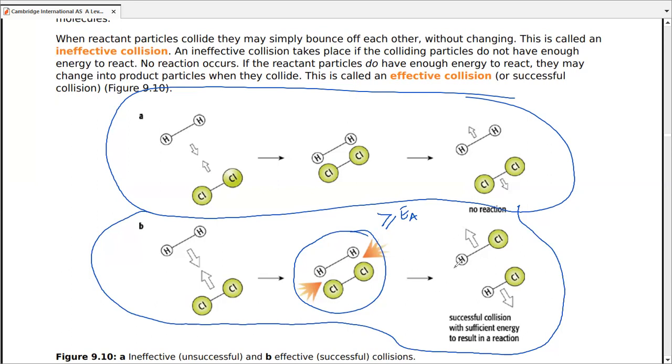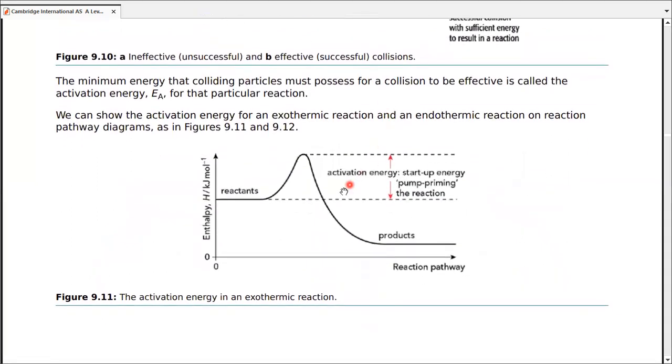That's why they were able to return as products and not as reactant molecules. So these are the two kinds of collisions we have in accordance to collision theory. Now, the minimum energy that colliding particles must possess in order to be effective is known as activation energy. I've already explained that.